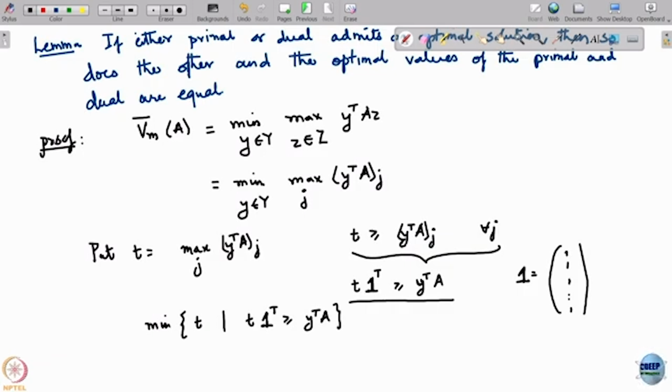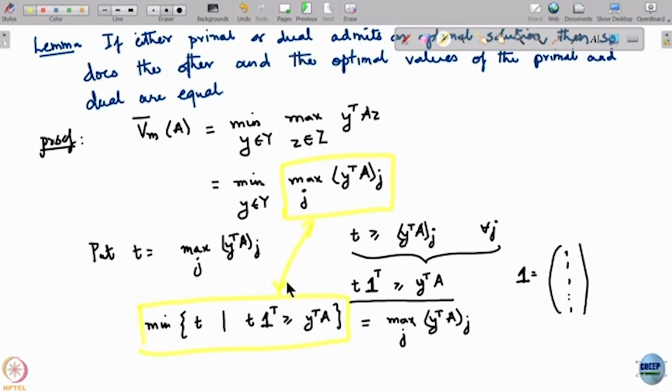Now, if I look at any T that satisfies this inequality and look at the minimum such value of T, that is actually equal to the max over j, right. So this is always equal to the max over j of y transpose A j. So what has happened is that the inner maximization here, the yellow boxed one, is equivalent to this. So we have just established this relation.